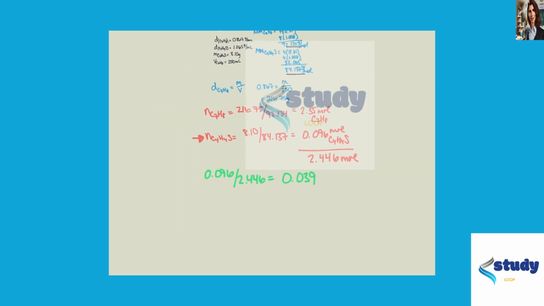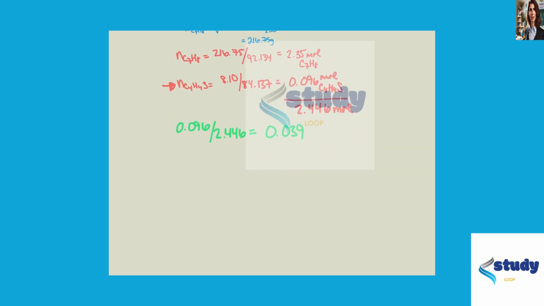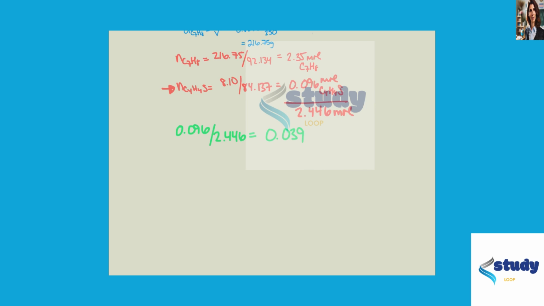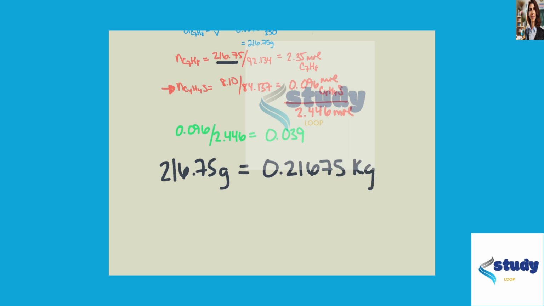All right, now part B asks us to figure out the molality of our C4H4S. So in this case, we need to take this value here, which is our mass, and convert it into kilograms. So 216.75 grams equals 0.21675 kilograms. And so we're going to take our moles divided by our mass in kilograms, and that will give us our molality.